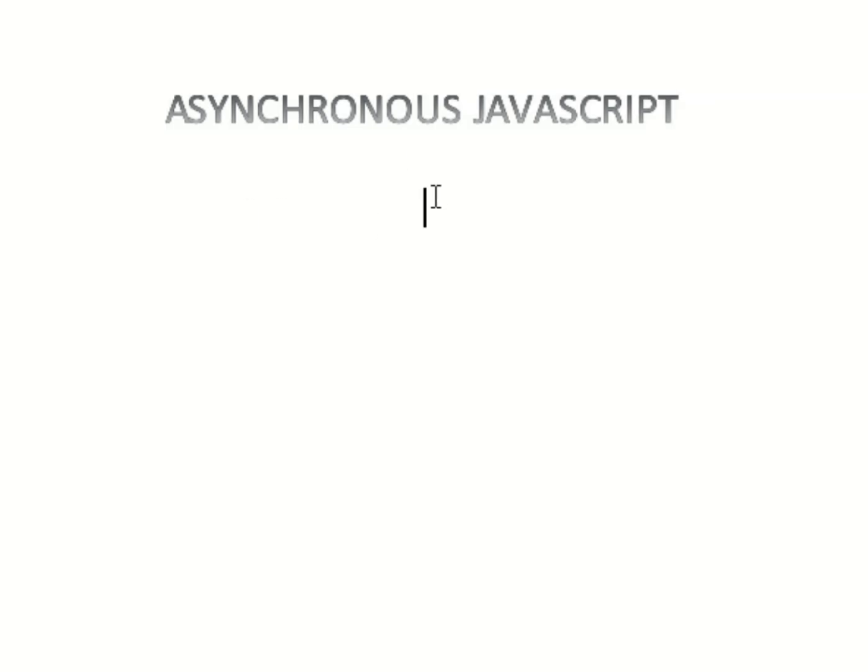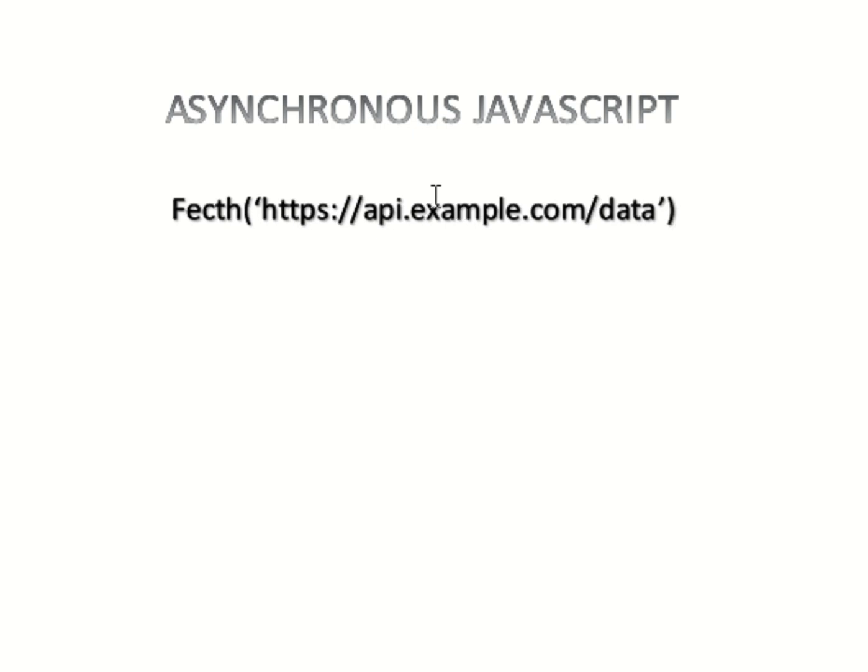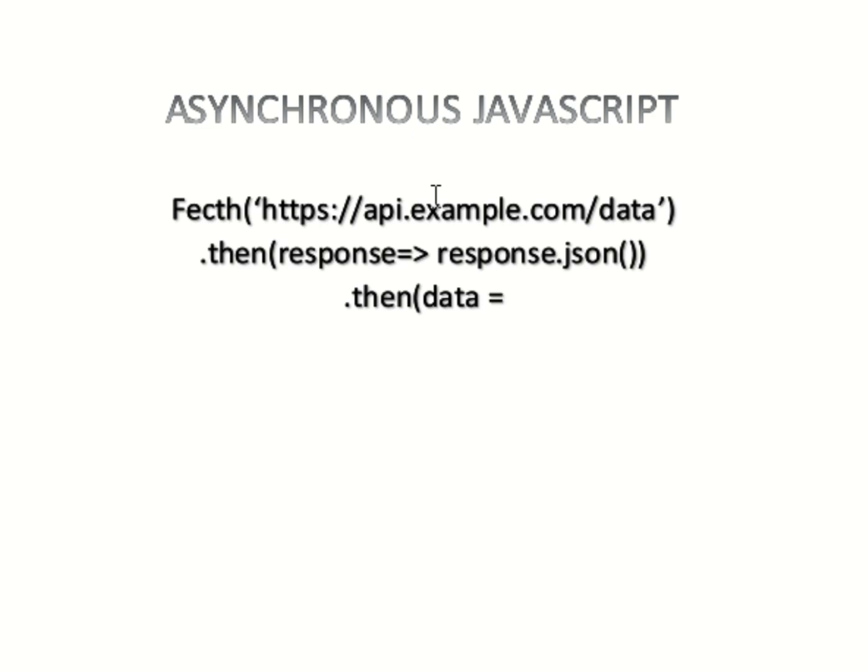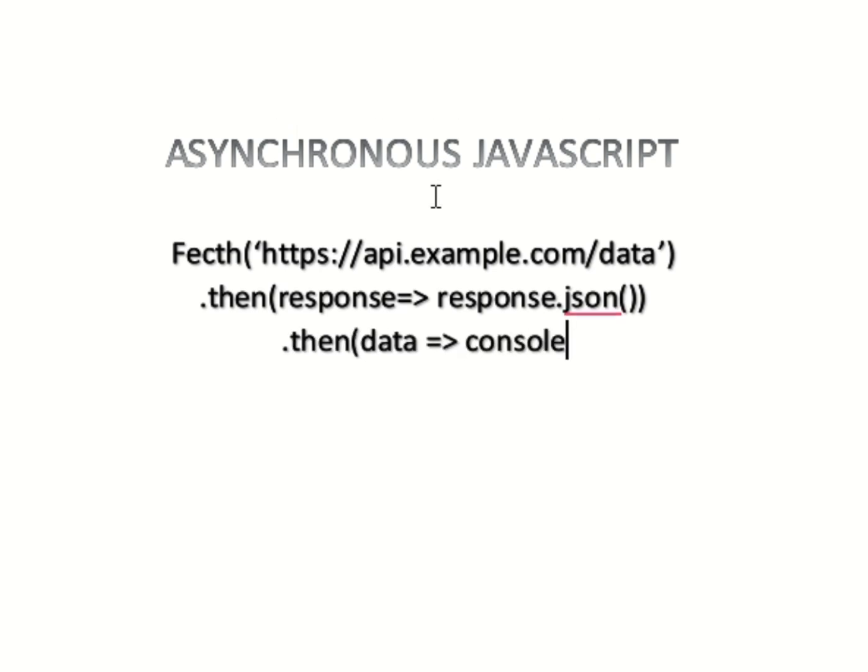For example, we have fetch https://api.example.com/data, then response arrow response.json, next then data arrow console.log data.